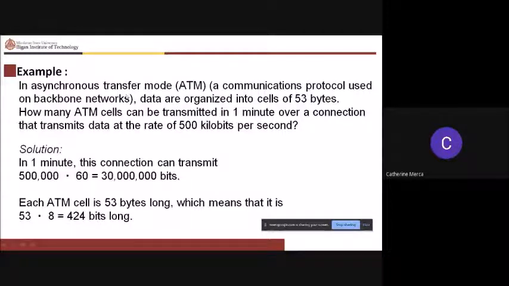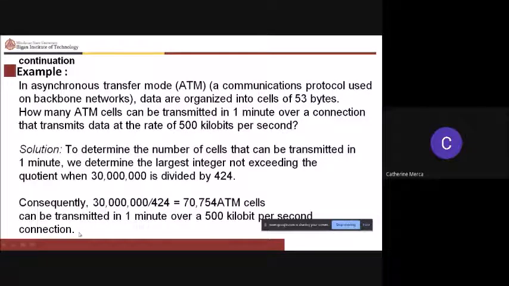But remember ang question, how many ATM cells can be transmitted in 1 minute over a connection that transmits data of this rate? So meaning to say, to determine that, we determine the largest integer not exceeding the quotient when 30,000,000 is divided by 424.